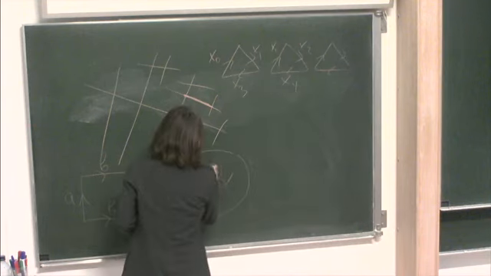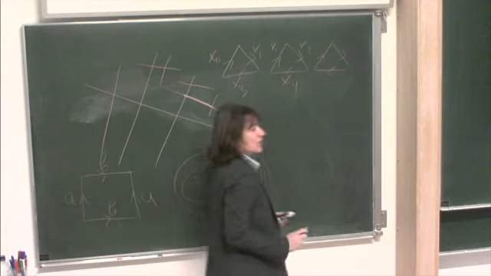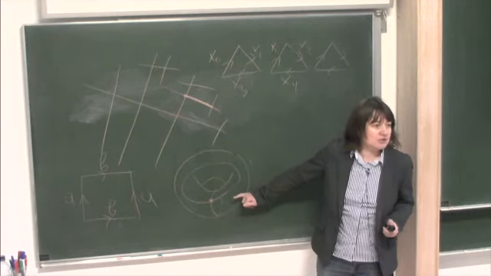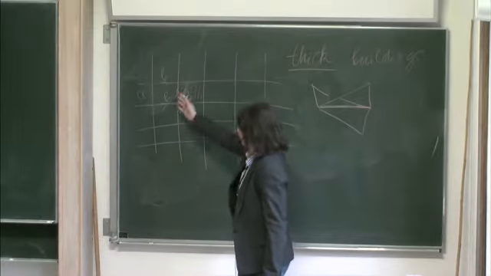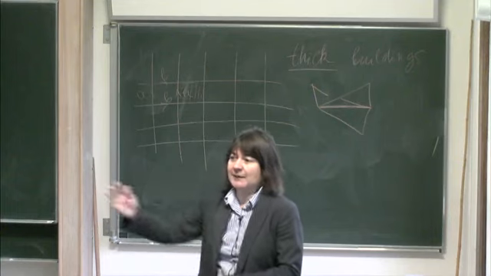And what is good in this picture of a torus is that we can think about the fundamental group of the torus acting on the universal cover. For the torus, the universal cover is a tessellation of the Euclidean plane by squares, where the fundamental group of the torus acts by translation, right?